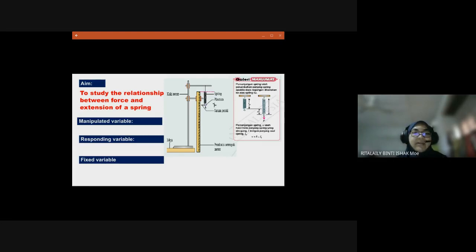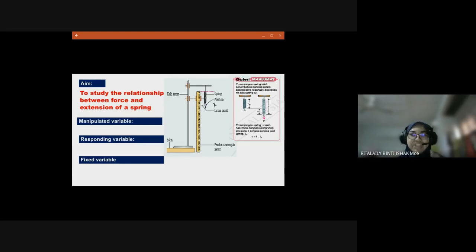Okay, Ashley, what is the manipulated variable here? Okay, manipulated variable, the size of plasticine. For a variable, we must give a physical quantity that can be measured.